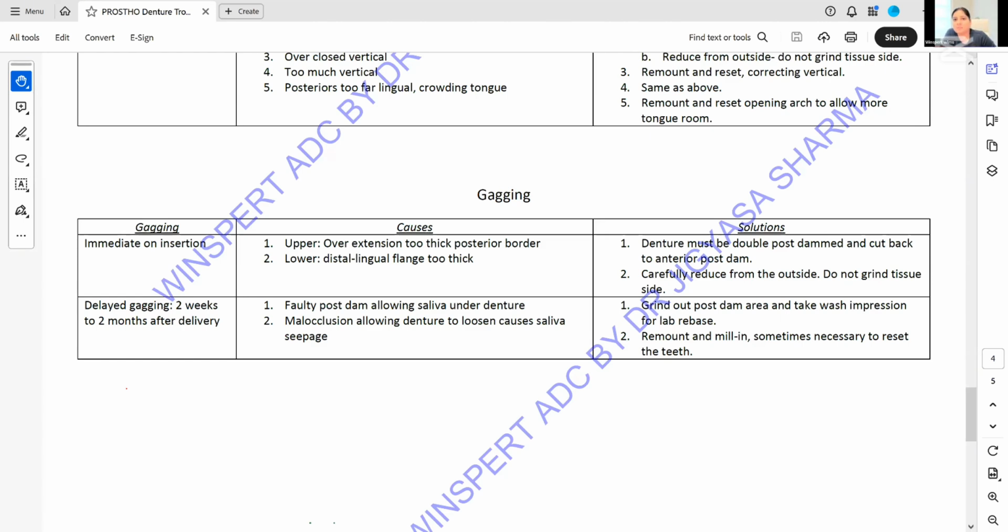Or would you inspect the post-dam area, since saliva seeps in and pools there, irritates the patient's palate and leads to the gag sensation? So you will correct the post-dam, correct the retention, and rebase or reline it, right? Do not handle those with antiemetics. This is a very well asked question in the exam.